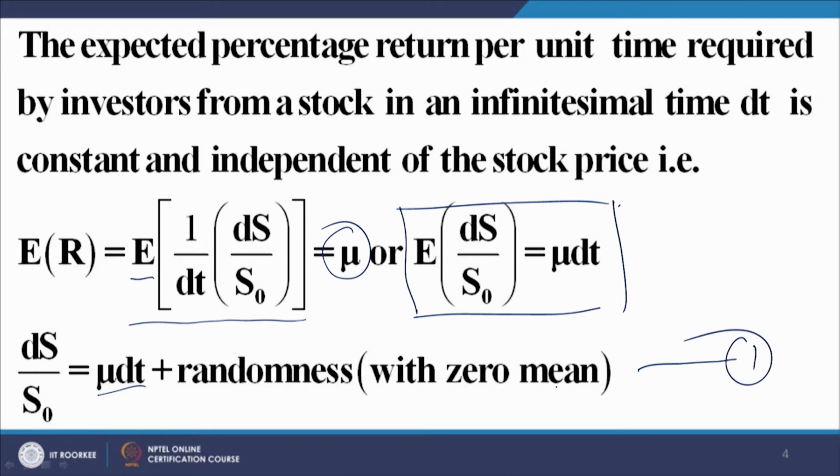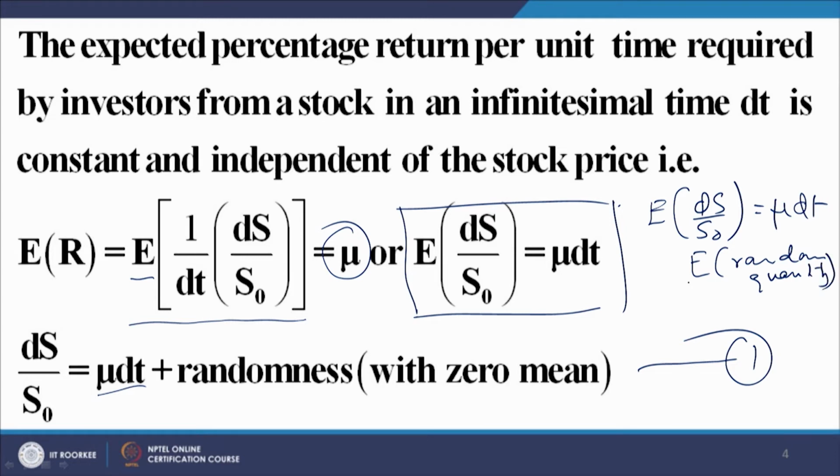If I take the expectation value of equation number 1, what I get is E of dS upon S0 is equal to mu dt, because there is no randomness embedded in the first term, and the random term by definition or by assumption has a 0 mean. So, we get E of dS upon S0 is equal to mu dt.